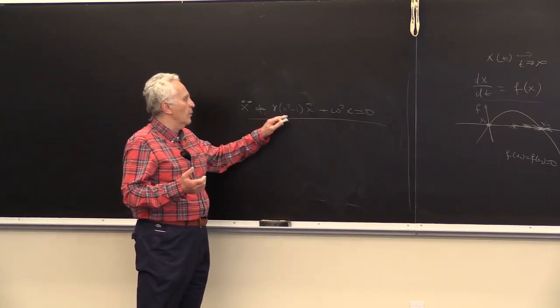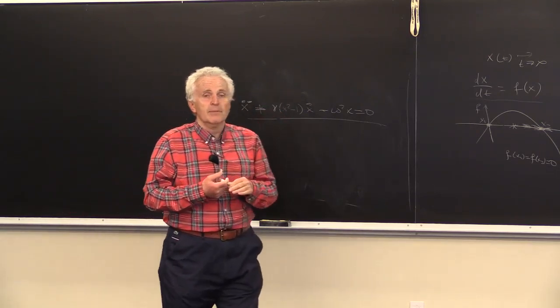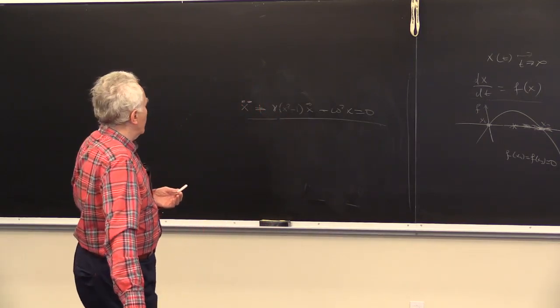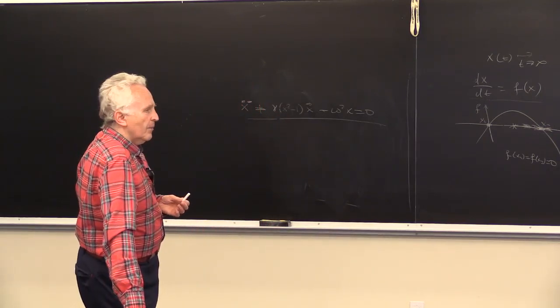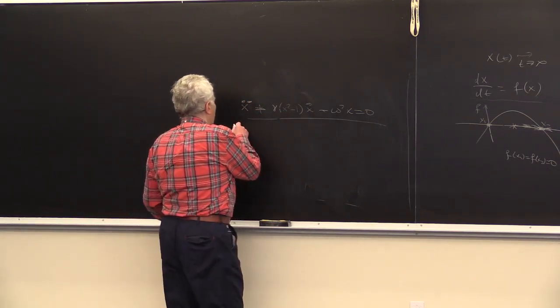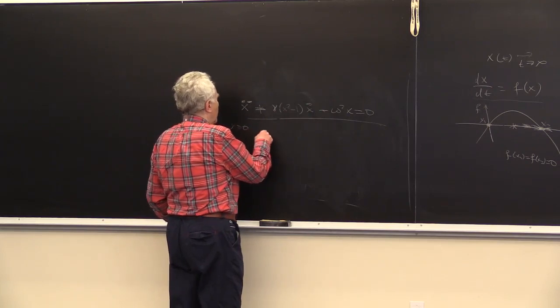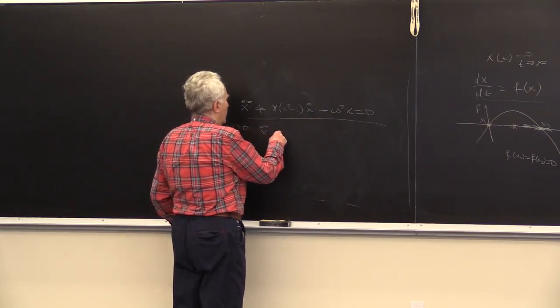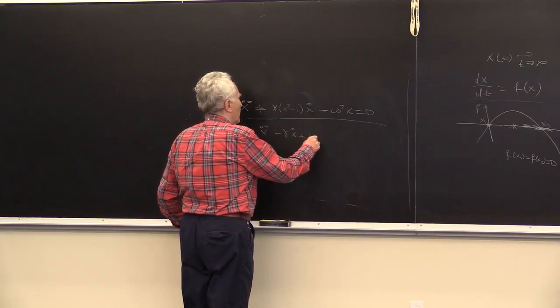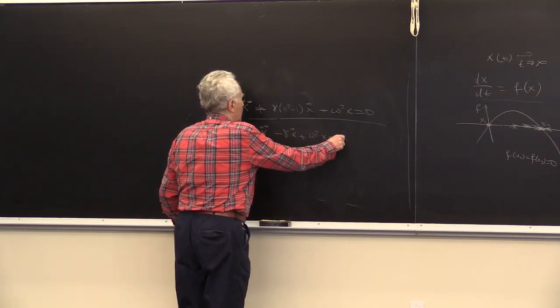Suppose we are working with very small x. What does this describe? If x goes to 0, we get the equation approximately minus gamma x dot plus omega square x equals 0.